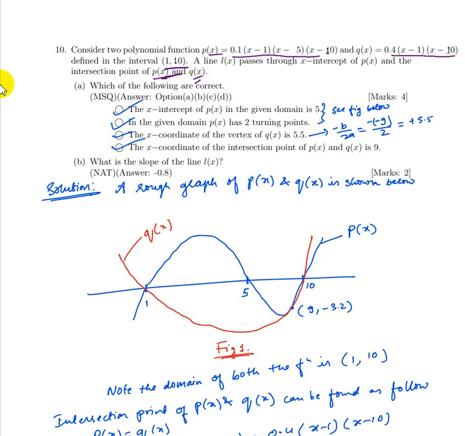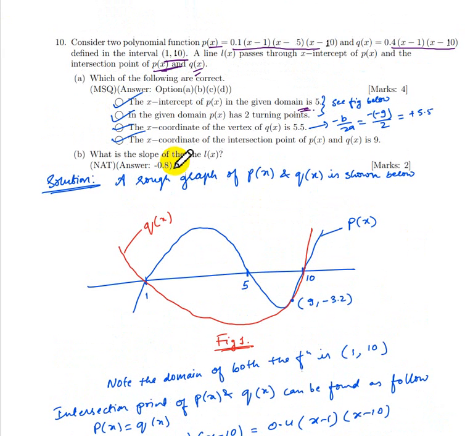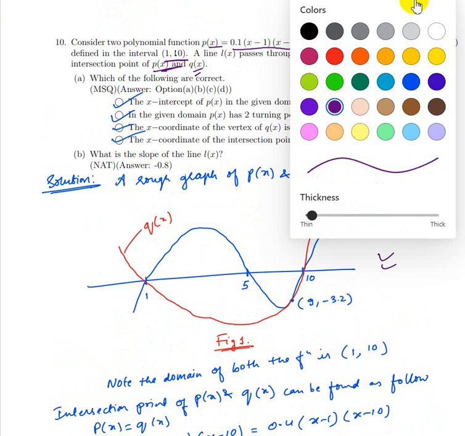The x-intercept of P(x) in the given domain is 5. So the option says the x-intercept of P(x) in the given domain is 5. To find the x-intercept, we need to first draw a rough figure, which has been drawn here.